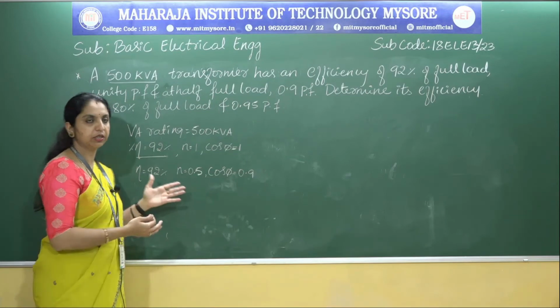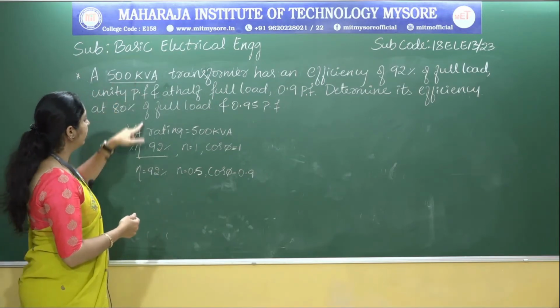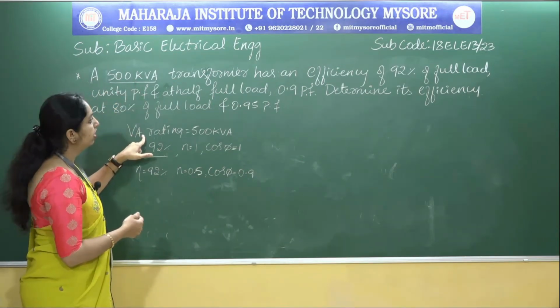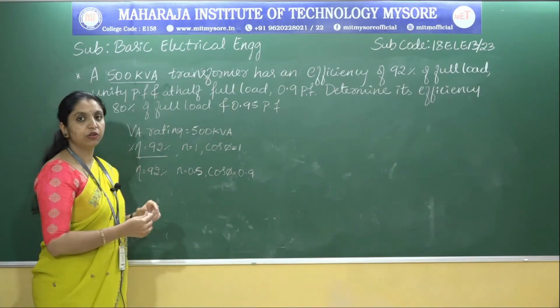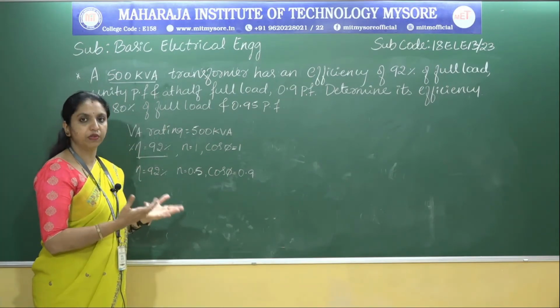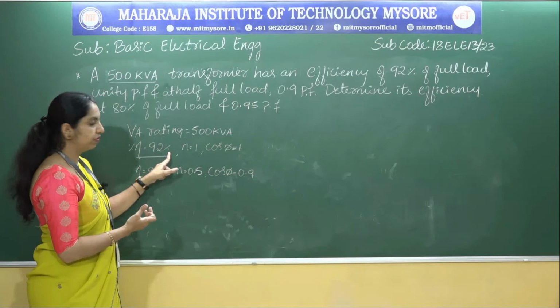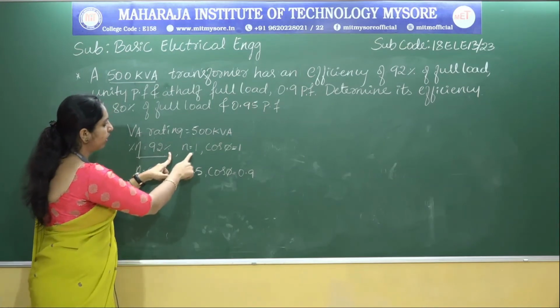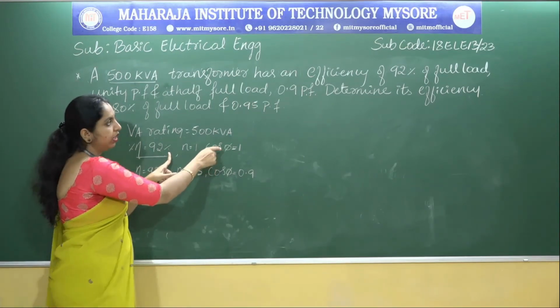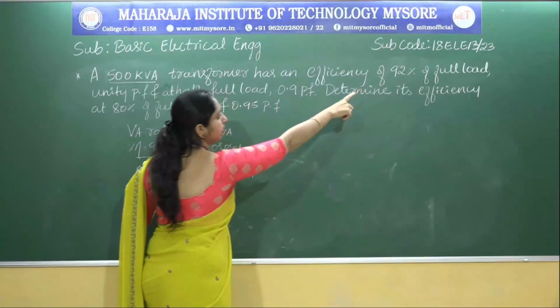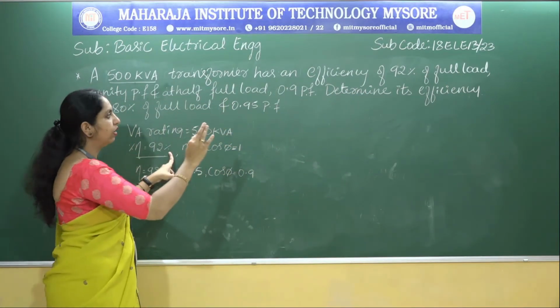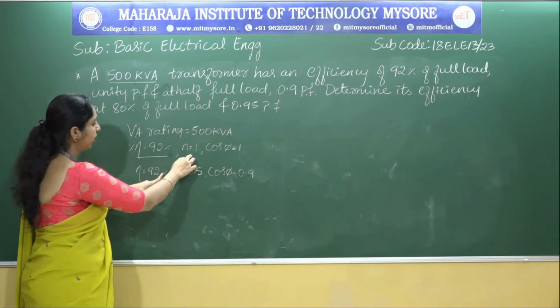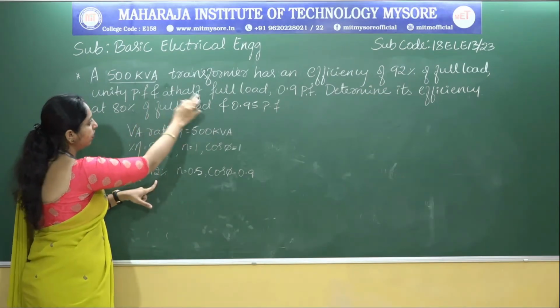Once again I will read the problem. A 500 kVA transformer, so the VA rating value is provided, has an efficiency of 92% at full load, that is n equal to 1 and unity power factor, right? Now this value is applicable for two cases, one for the full load and another at half full load.